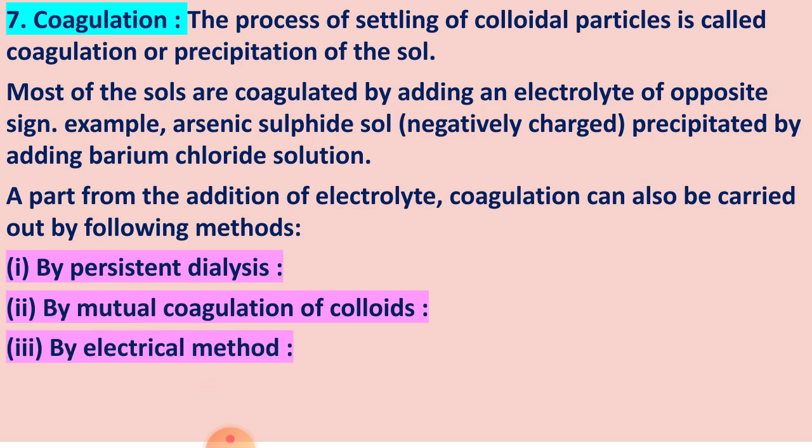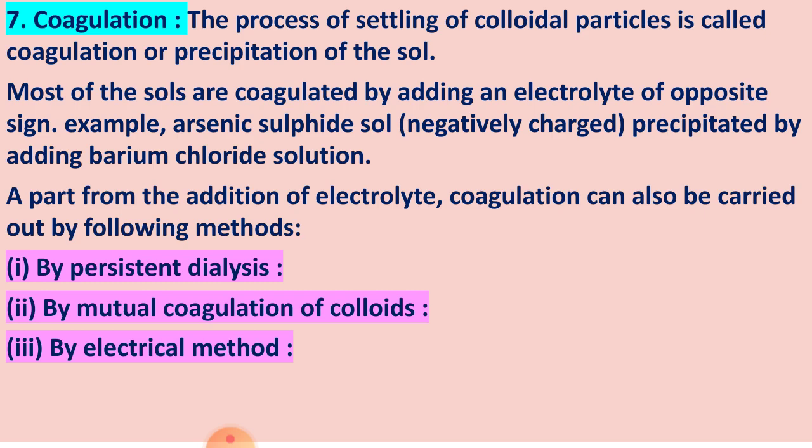The third method is the electrical method. What happens here? I told you in the fifth part of unit 5 about electrophoresis. When we have to find the charge on colloidal particles, we apply the method of electrophoresis. In that condition, if the electrical charge of a lyophobic sol is removed by applying an electric field, such as in electrophoresis, they also precipitate out.